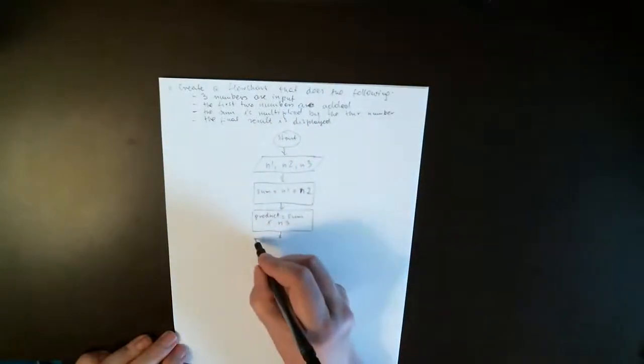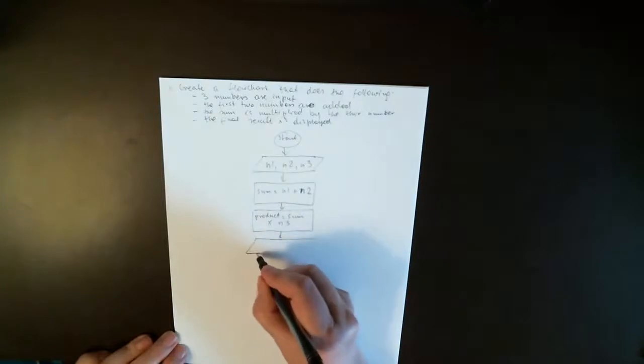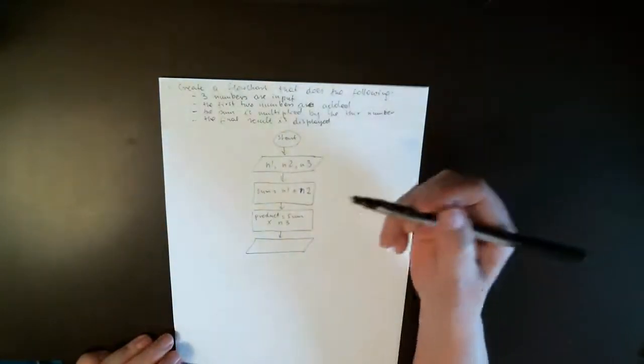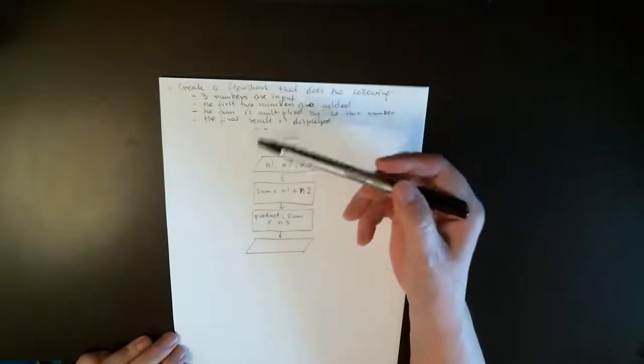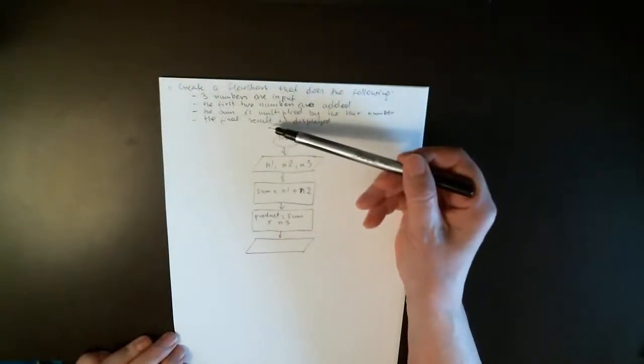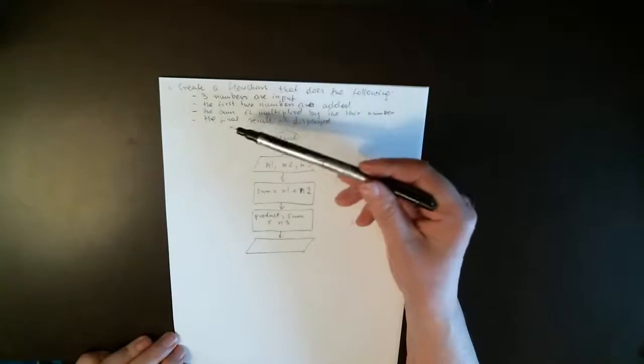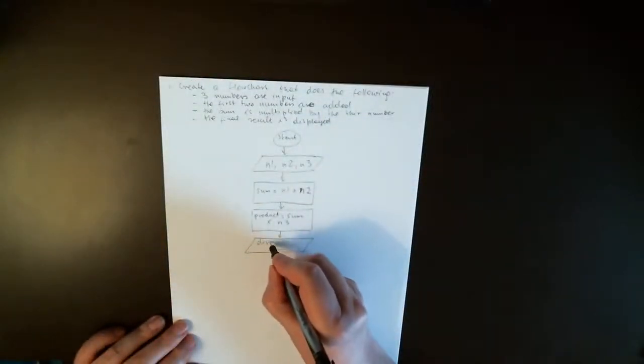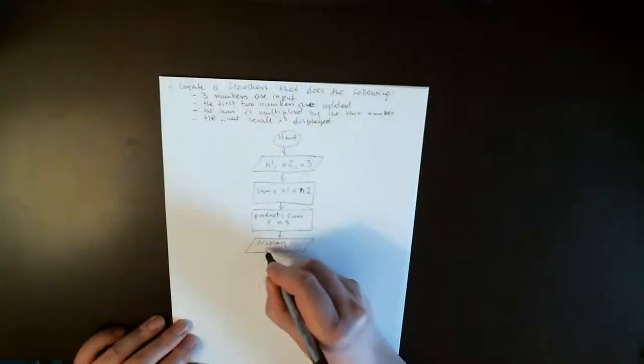What's the shape? Of course, parallelogram again, input and output both. Now, the next thing is, are we going to call it final result? No, we didn't calculate final result. What did we calculate? We calculated product. So we have to display product.